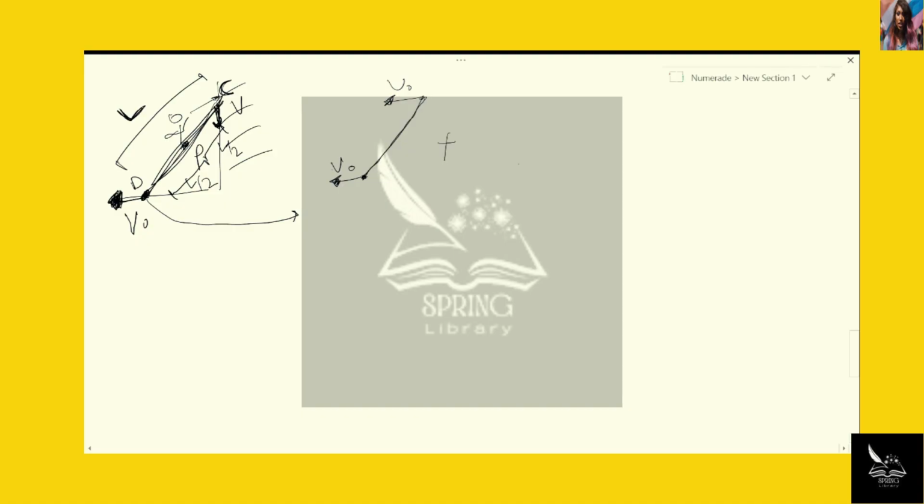From where you are sitting, point D is fixed. So this is from your perspective. D is fixed, and you are only seeing the angular motion like this, where this is coming down.